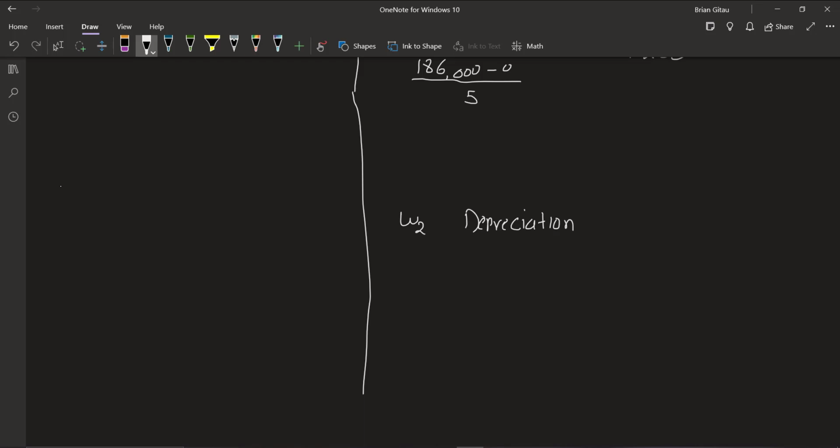So the cost minus the scrap value divided by the useful life: 108,000 minus the scrap value divided by 50 years. Let's get our calculator for that one. This is giving us 2,160. This is on buildings.